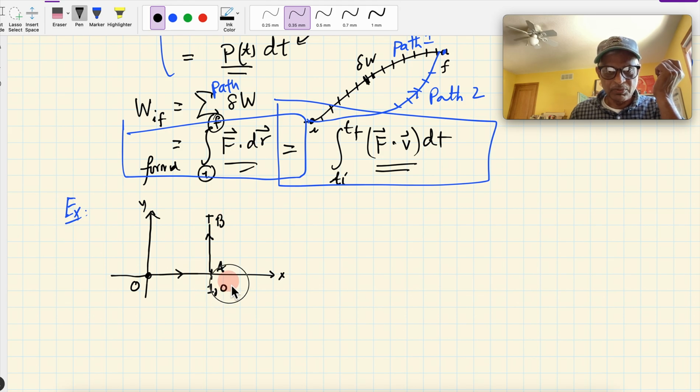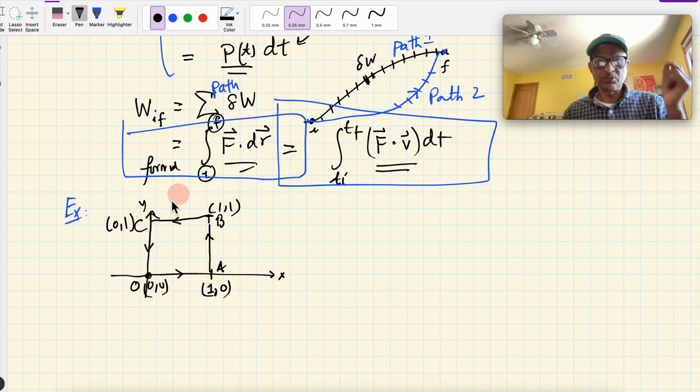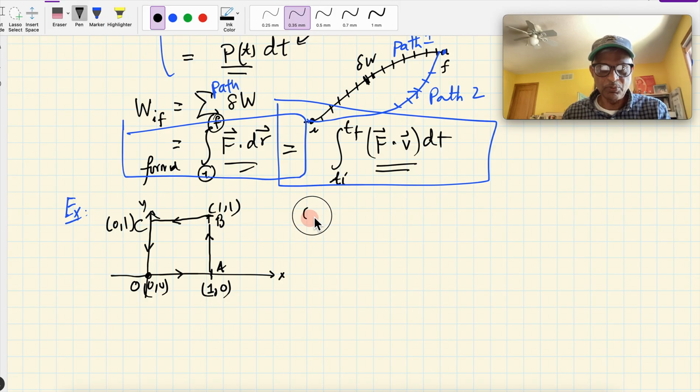So this is (1, 0) and (0, 0), and this is (1, 1), and then go to point C, which will be (0, 1), and go like this. So you can go this way. This is path 1, and say you went from O, A, B, C, back to O. So this is called path 1.